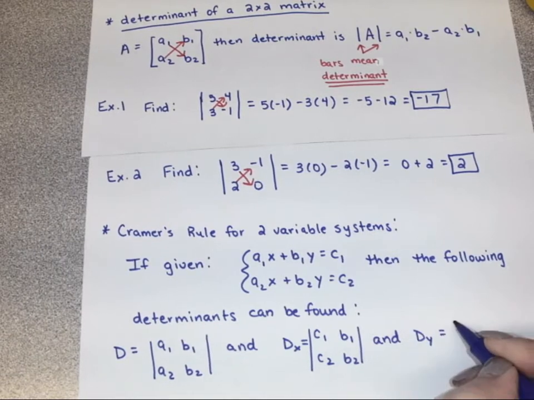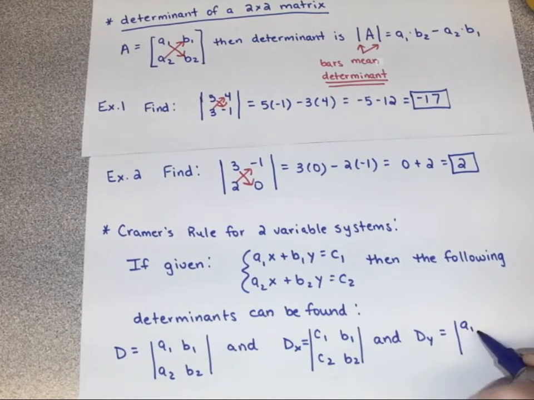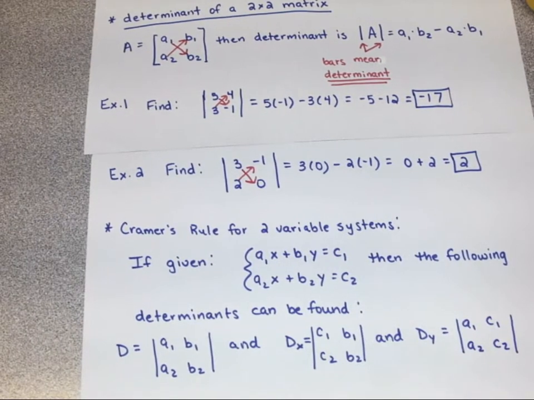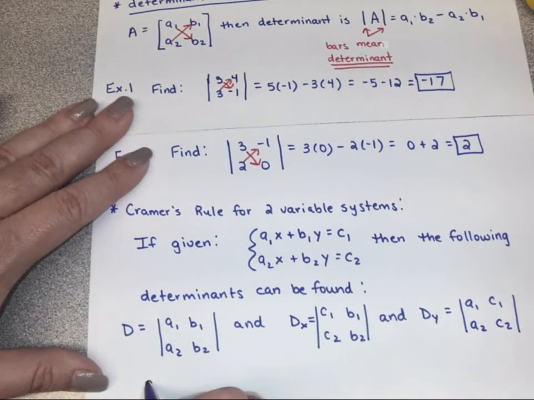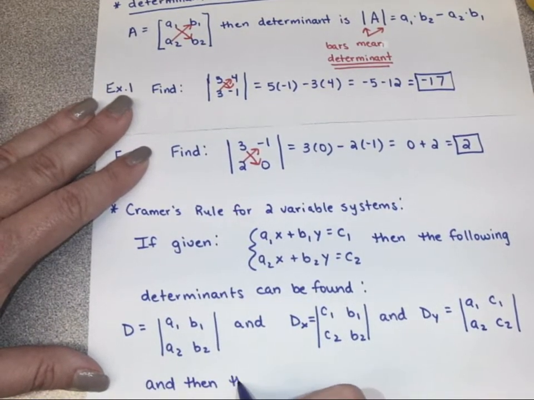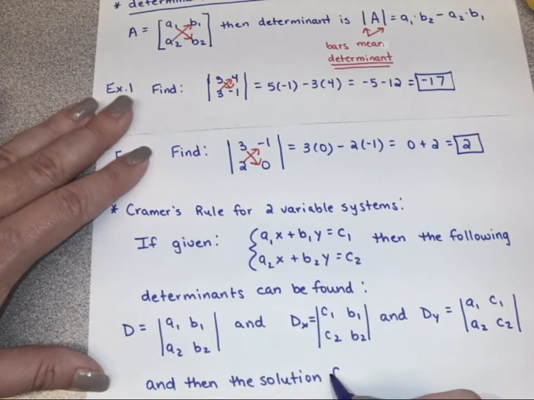And then finally, the third determinant we're going to find is the first column of numbers and the third column of numbers. And then the solution for the system is a combination of those answers you get there.